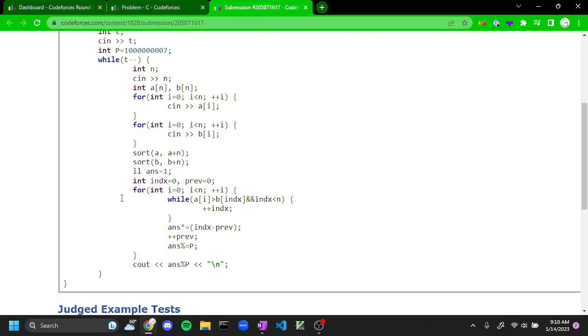And answer is equal to 1 and not 0, because if you have answer set to 0, then 0 times any number is always going to be 0, and you'll never get the right answer. So I set it to 1. I'm pretty sure that's the identity property of multiplication. Anyway, I increment the previous, so that just means that I have to move on.